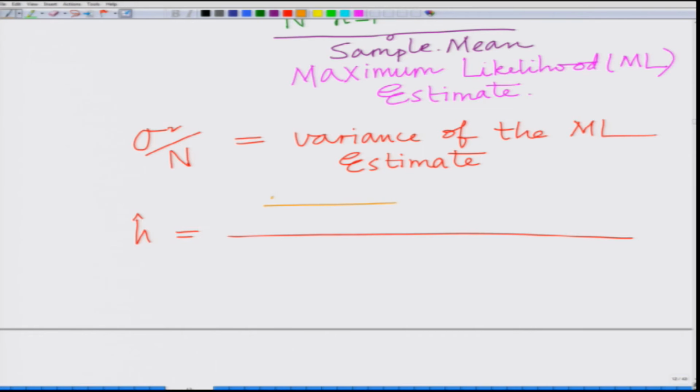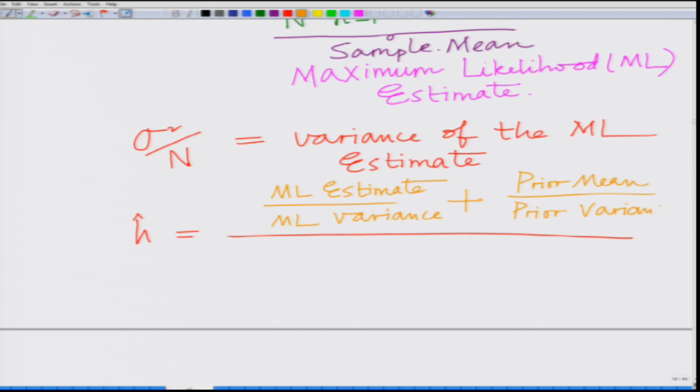It equals the ML estimate divided by the ML variance, plus the prior mean divided by the prior variance, divided by 1 by the ML variance plus 1 by the prior variance.